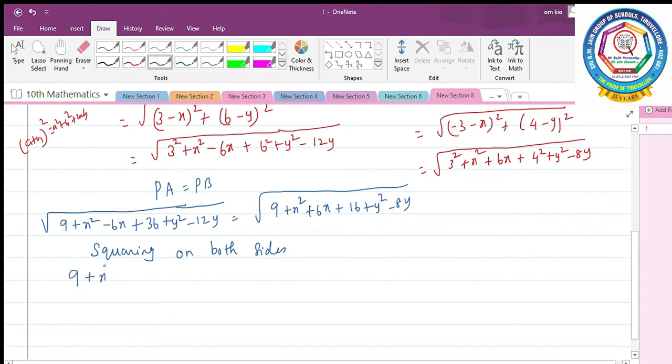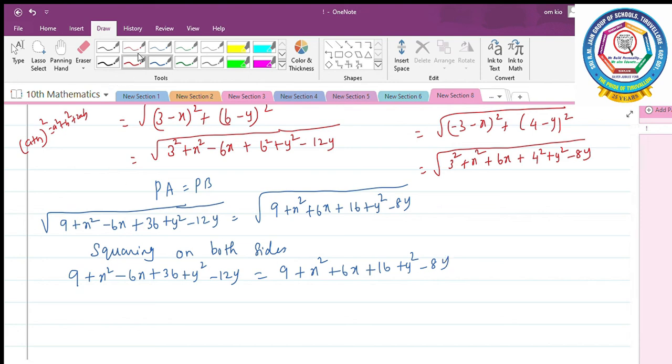9 plus x square minus 6x plus 36 plus y square minus 12y equal to 9 plus x square plus 6x plus 16 plus y square minus 8y. Here I can cancel 9 and 9.